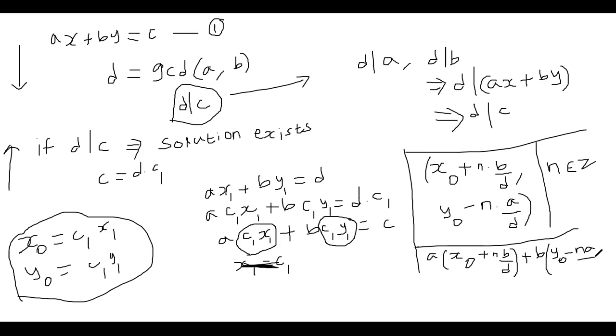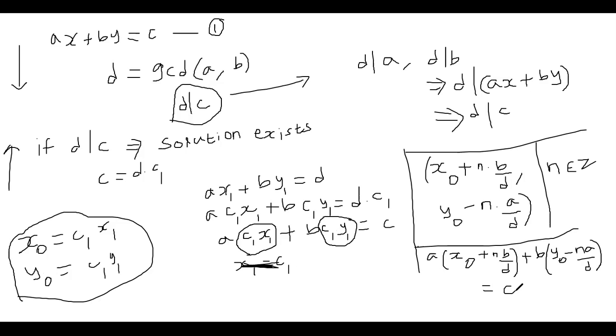Now if you add these two, the a times n b by d will cancel out with the minus a times n b by d, which means you are left with ax0 plus by0, which you know is a solution because we found out that x0, y0 is a solution, which means this is nothing but c. All right, that's basically it.